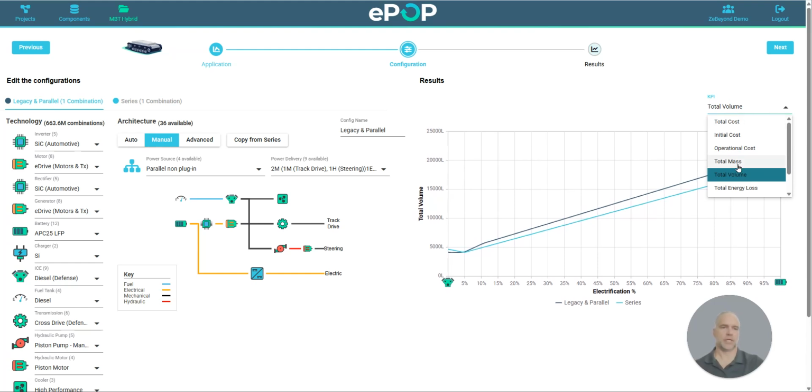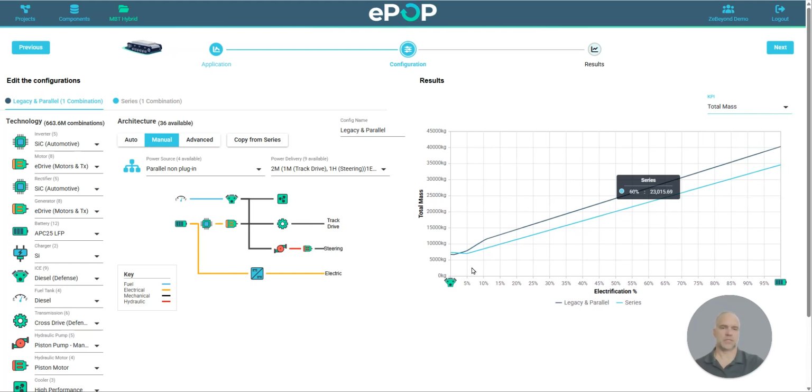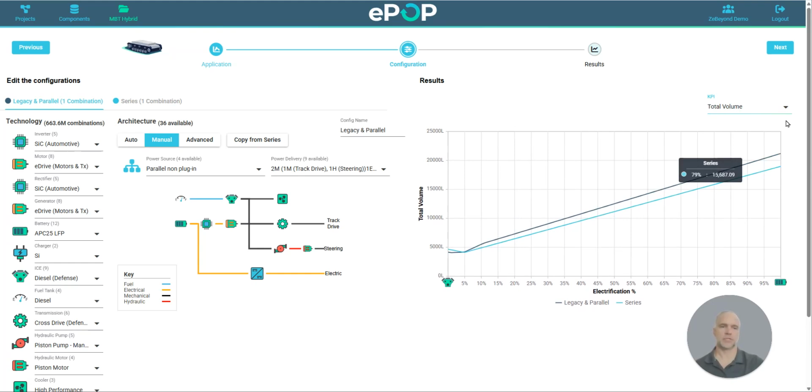That's one KPI, but mass is similar, going from ICE only to battery only. This doesn't make sense. The customer is not looking for a battery only solution in this case. It's nice to be able to quickly reference what it would be if you had a battery only. An answer that it's not feasible is just as valuable as what is feasible.